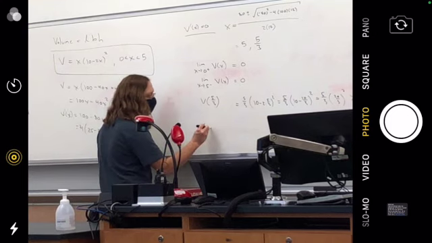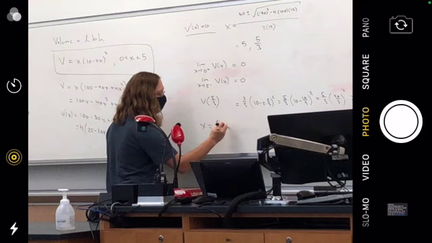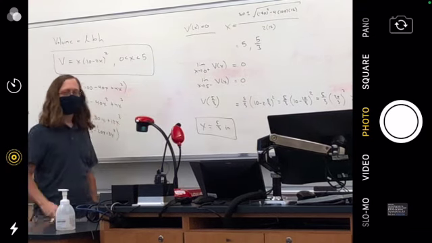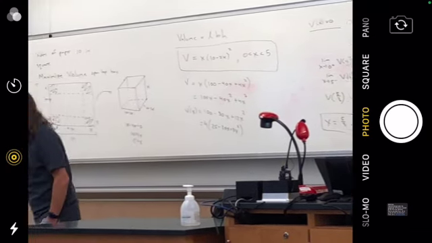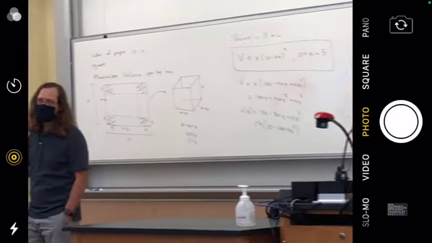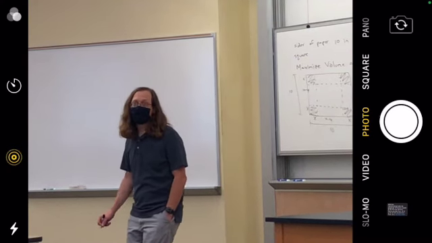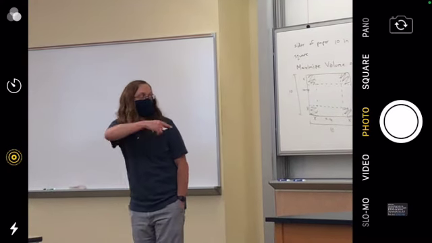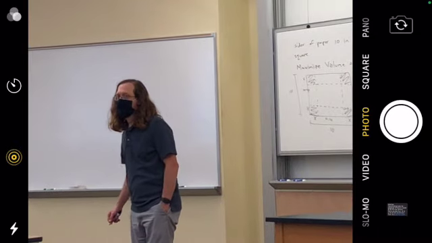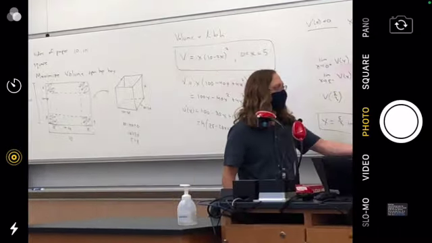I should let x equal 5/3 of an inch. If I let x equal this, I guarantee I get the maximum value. The last step is always go back to your question and see what it asks for. Sometimes it'll say, how big should the cut be? The cut should be 5/3 of an inch. Or it'll say, what is the maximum volume? The maximum volume would be this number.